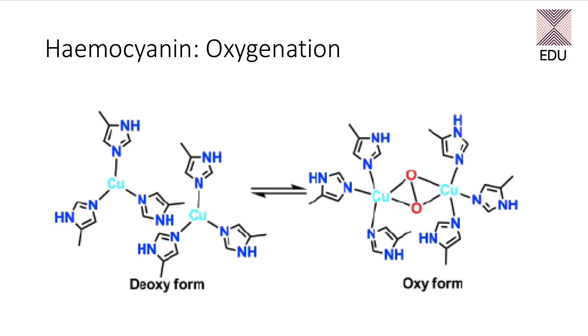In the very left figure, you can see the presence of two Cu moieties, and if it is oxygenated, both the copper parts bind to O atoms in this form. So this is the oxy form. They are taking up oxygen in this particular structural form.